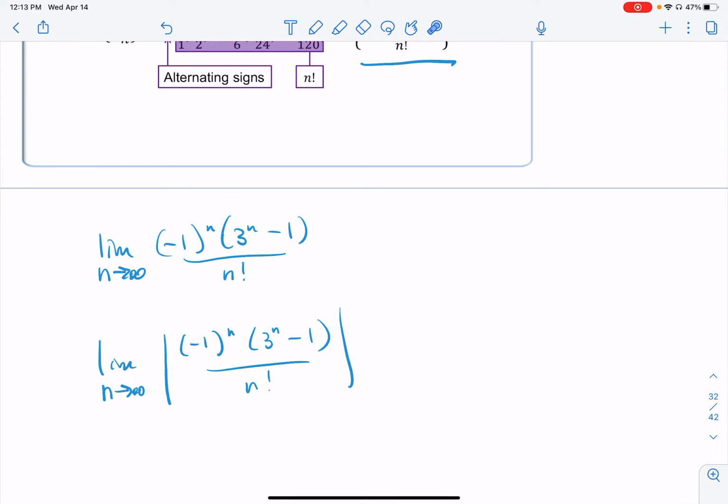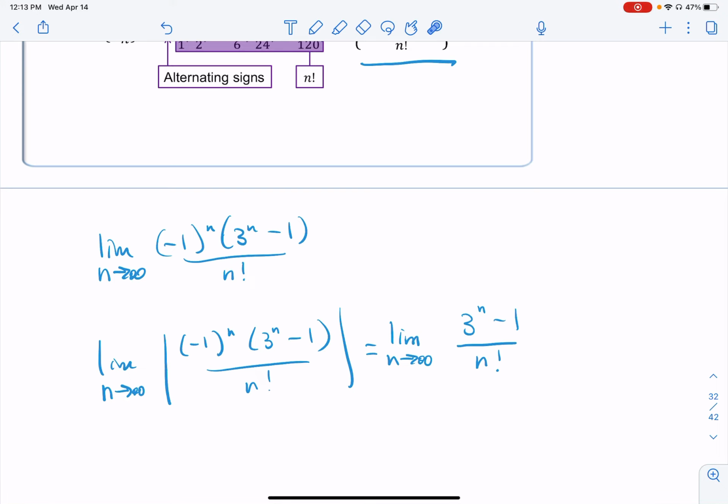It's always positive, so the absolute value does not affect this. It only affects this piece, which turns it into the limit as n goes to infinity of just 3 to the n minus 1 over n factorial.